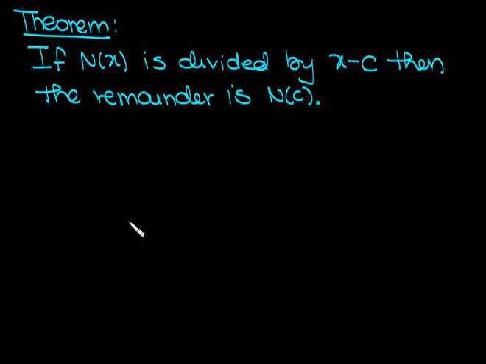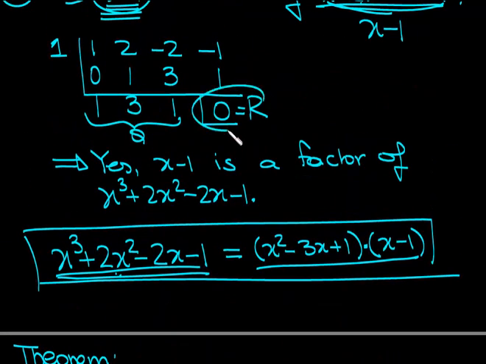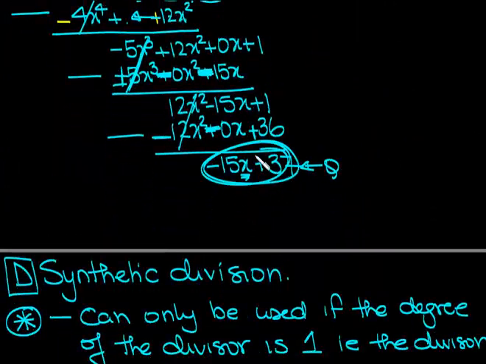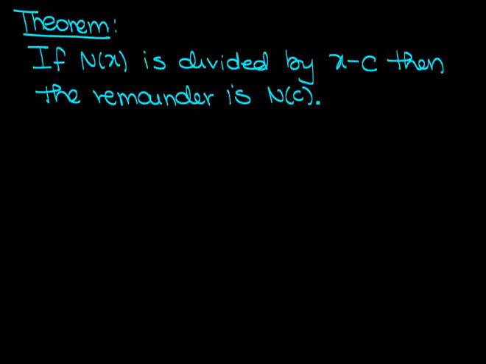So this is another way to find the remainder. But remember, you already know two ways to find the remainder. You could do synthetic division, the remainder is right there, or you could do long division and the remainder is right there. Here's a third way to find the remainder. If I take a polynomial n of x and divide it by a linear polynomial x minus c, then the remainder is given by n of c.